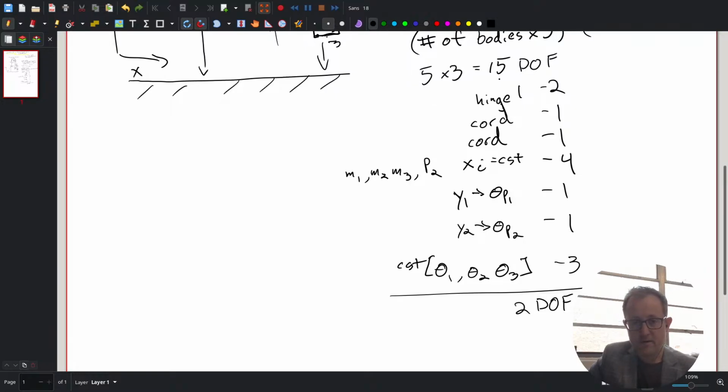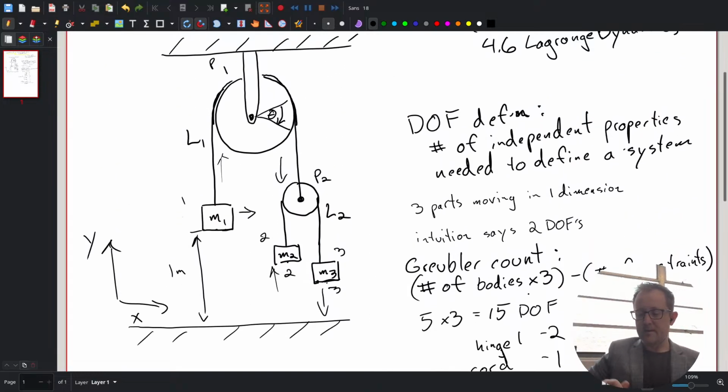Multiply that by 3, at least for 2 dimensions. If you have a three-dimensional thing, then it has 6 degrees because you have X, Y, Z, and all the orientations. Okay, cool. So we have 2 degrees of freedom.